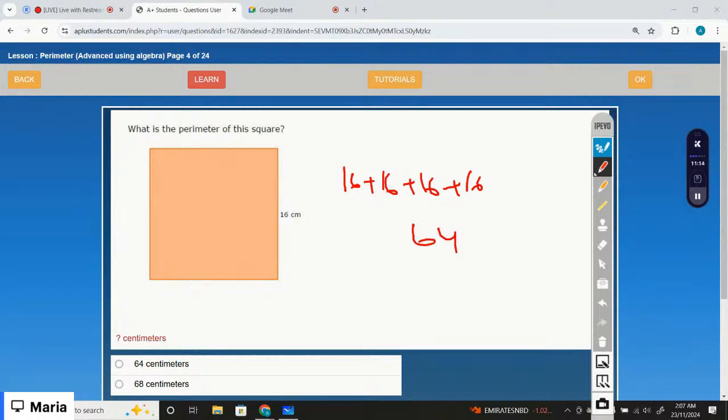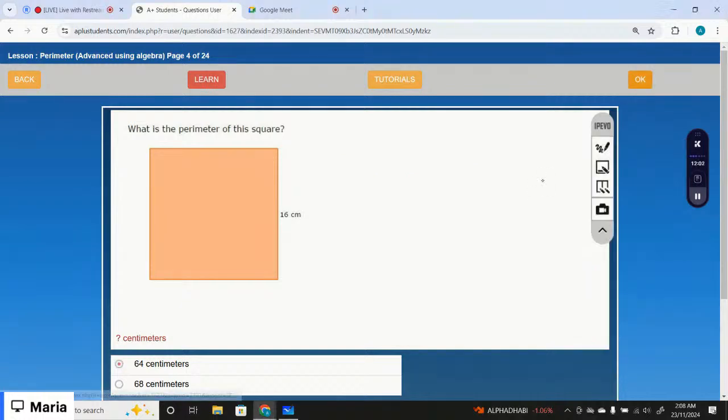So that is 64 centimeters. Option number 1 is the correct option.